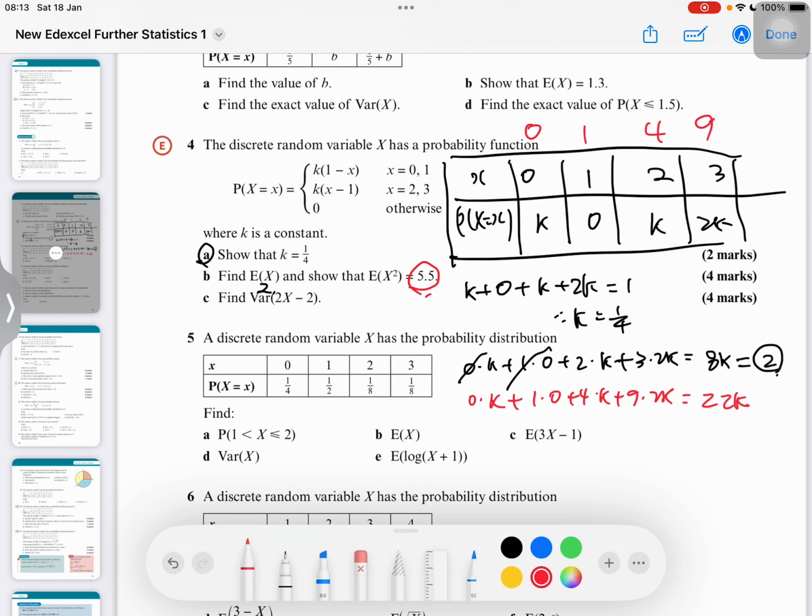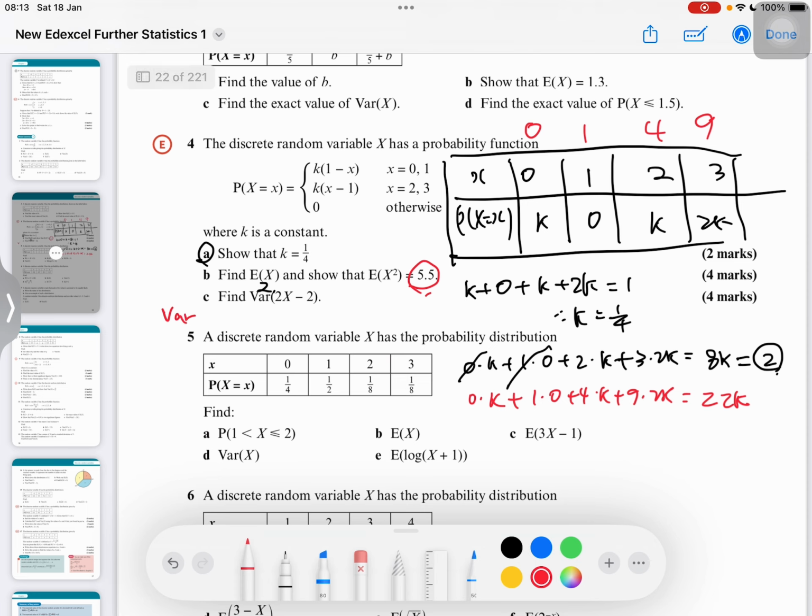So we can find the variance of x first. The variance of x is the expectation of the squares minus the square of the expectation. So 5.5 minus 2 squared, so 1.5.